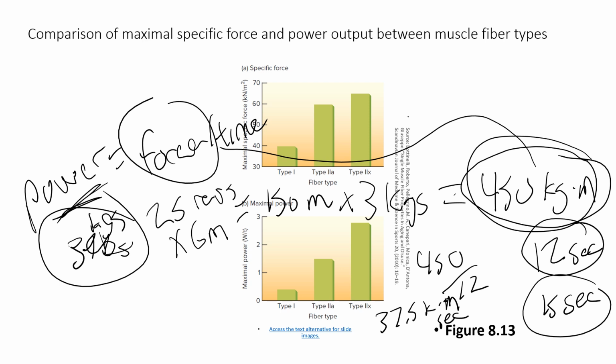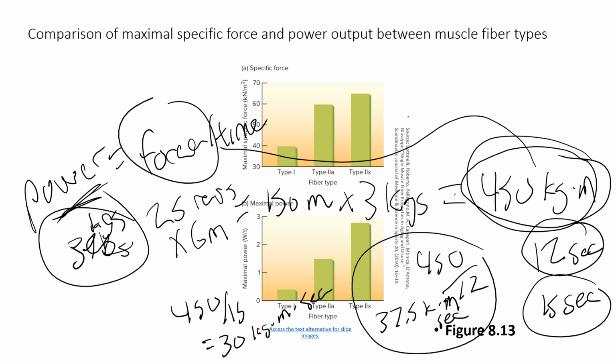Now, let's look at your clone. They also went 450 kilogram meters, right? That's what they performed, but it took them 15 seconds to complete it. That equals 30 kilogram meters per second. Which one of you is more powerful?